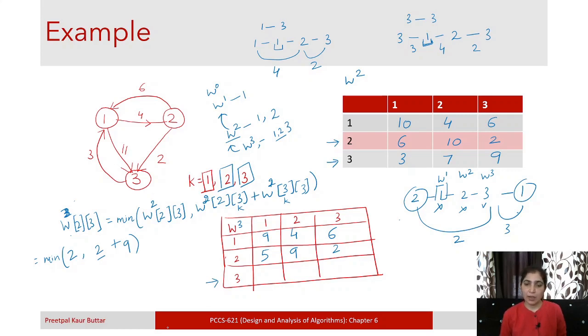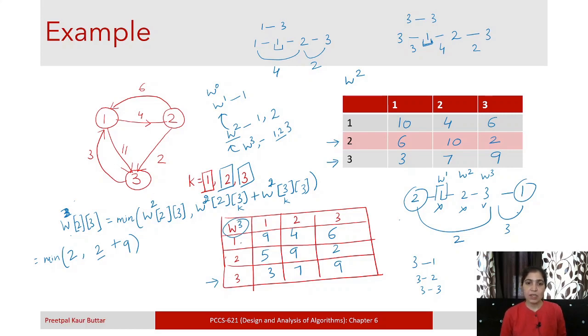Here we are including vertex 3 for considering the paths from 3 to 1, 3 to 2 and 3 to 3. And the answers in this case will be the same. Okay, 3, 7 and 9, and you can verify it yourself. So this is our Wn, and now it is giving us the all pairs shortest paths, right?